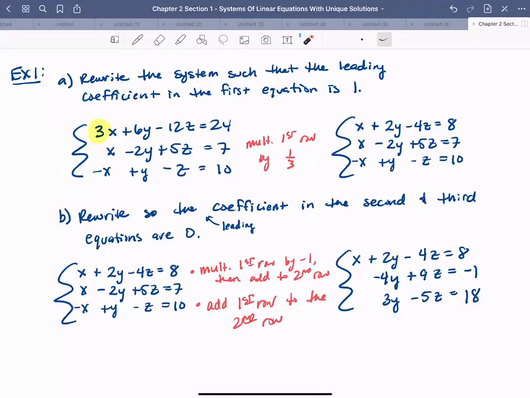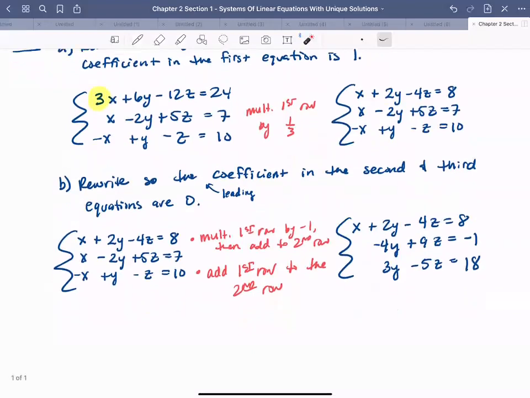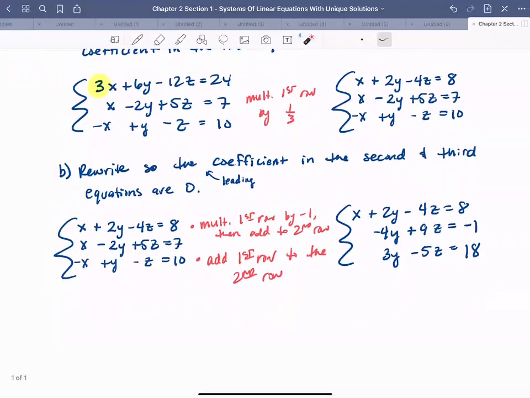Now, I keep saying row, and I probably should have said equation, but what I'm getting at is we're going to stop writing them as equations. We're going to rewrite them as what we call an array. An array is just a string of numbers.